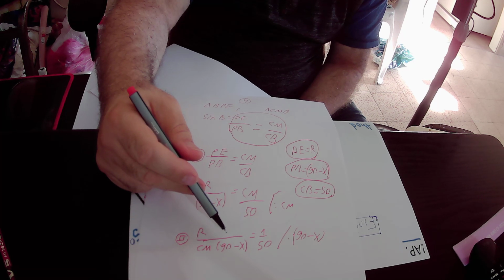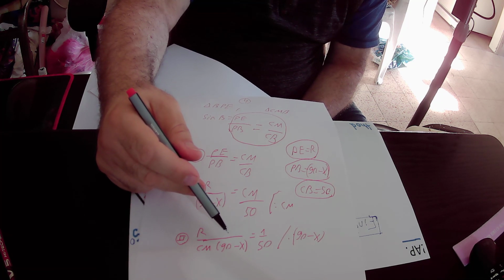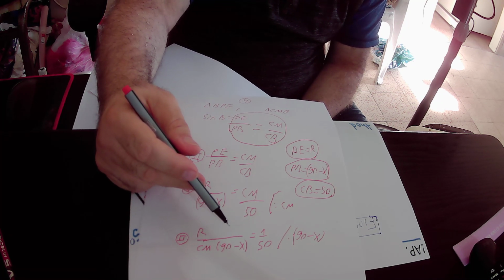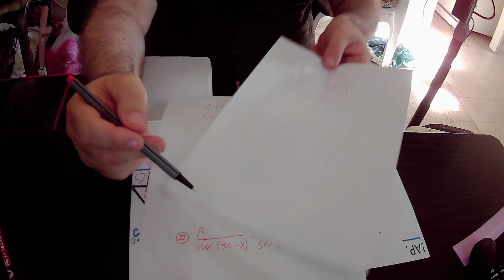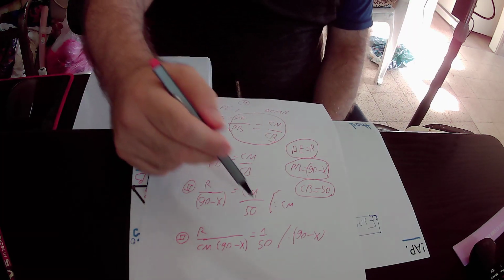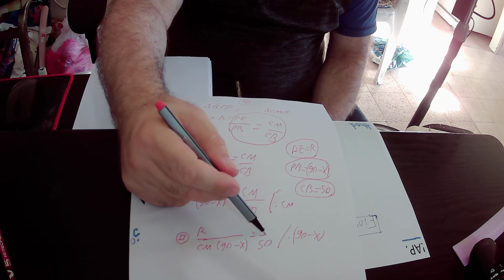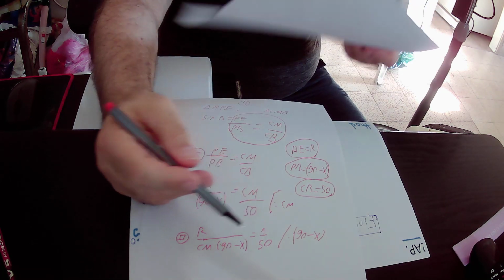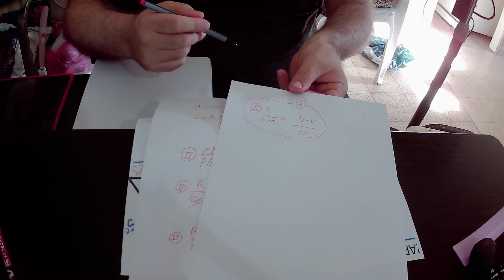So 90 minus x is cancelled because we have 90 minus x both in the numerator and in the denominator. For that reason we are left only with R over CM, and here 90 minus x times 1 over 50 equals 90 minus x over 50.